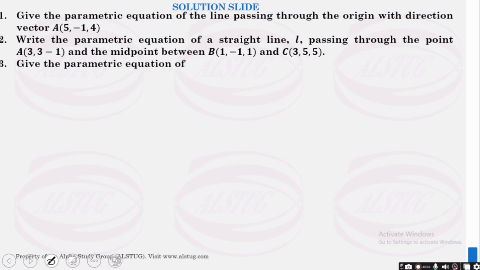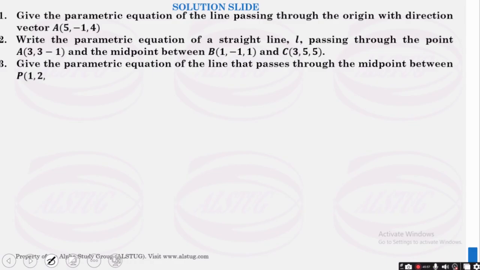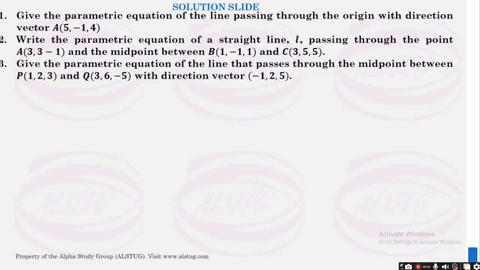These are our questions. Give the parametric equation of a line passing through the origin with direction vector 5, -1, 4. So these are our examples in solution. First one, we have been given the directional vector already. Our directional vector is 5i minus j plus 4k.